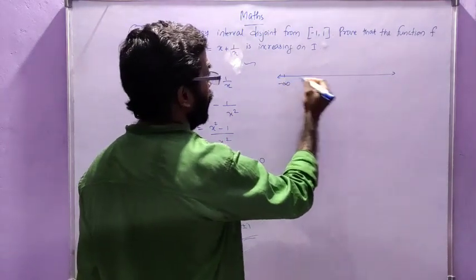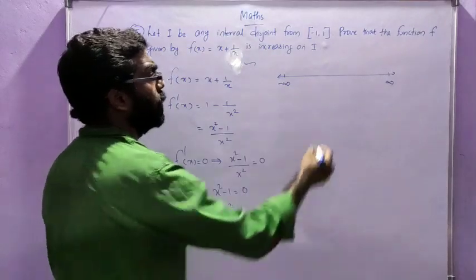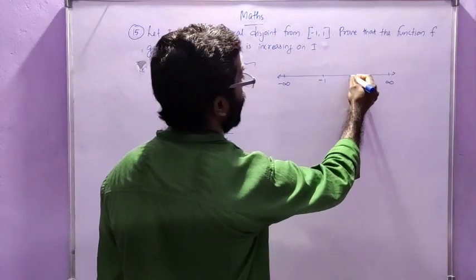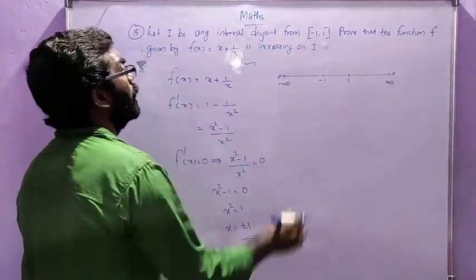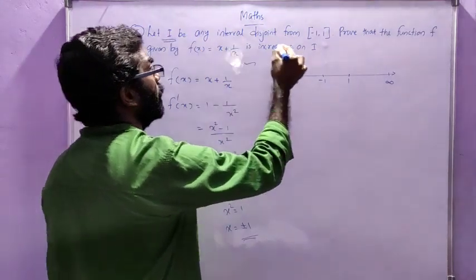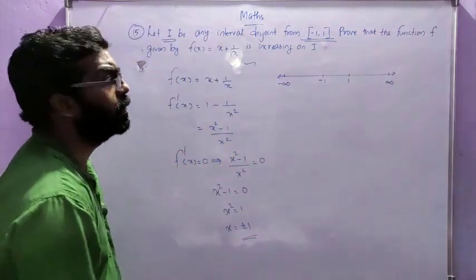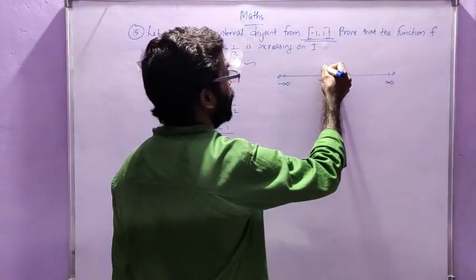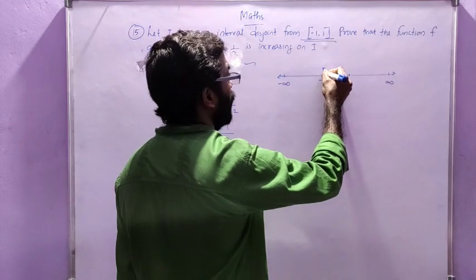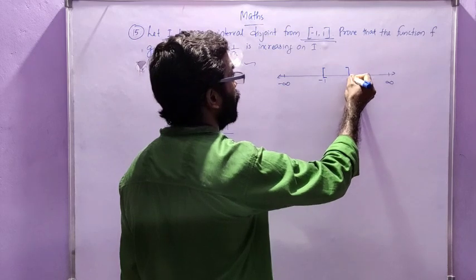Here, minus infinity to infinity, then plus or minus 1, that is minus 1 and 1, and it is given I is any interval disjoint from the closed interval [-1, 1]. So we have to consider the interval disjoint from [-1, 1].